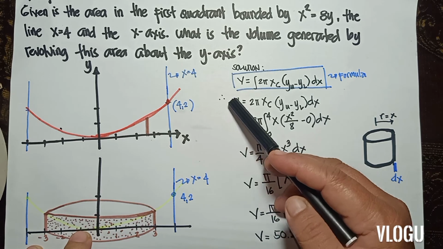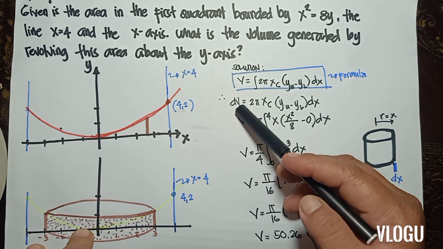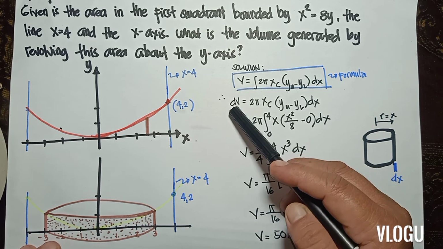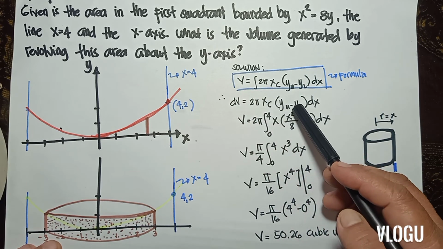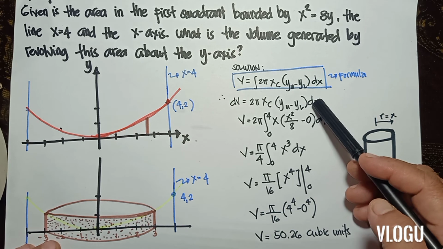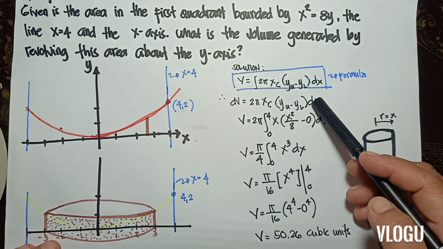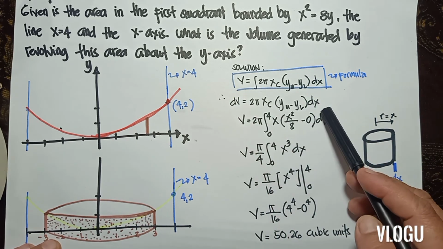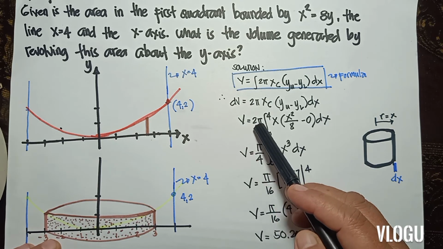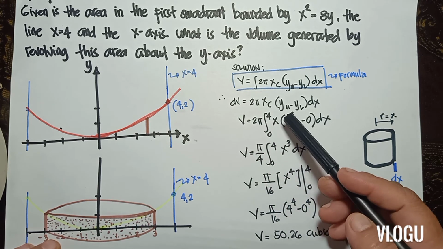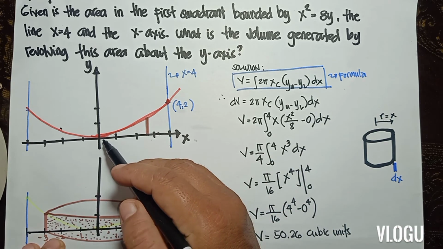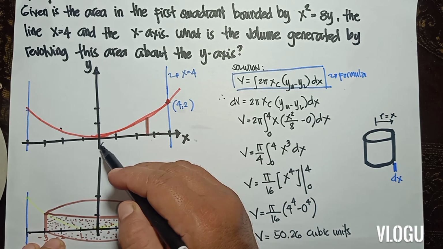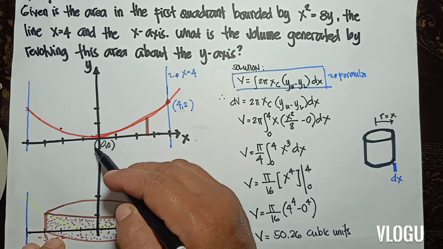Okay. So therefore, dV is equal to 2 pi x sub c, y up minus y down, dx. If we integrate both sides, you will have V equal to 2 pi times the integral with limits. The start of your area of concern is 0, 0.